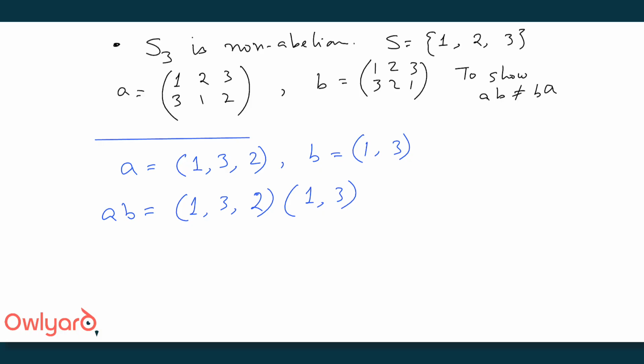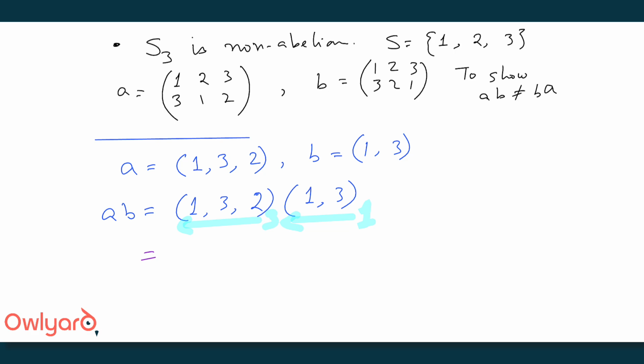Well, the way to do that is our rudimentary way, essentially just to check one by one where the elements are going. So let's see where 1 is going. Let's say you apply this entire thing to 1, and after it goes through your second cycle, it will give you 3.